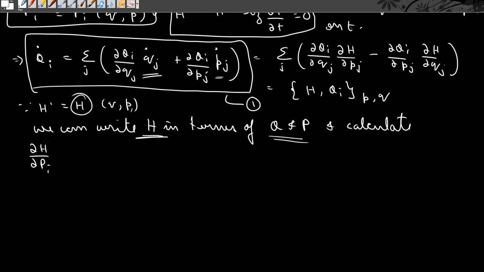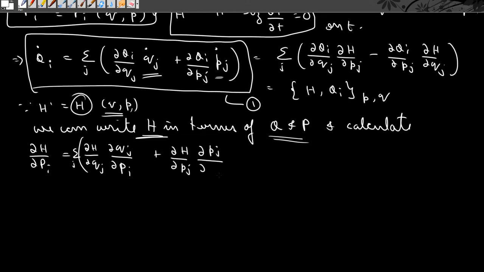This is when I write H in terms of the new coordinates Q and P. But this can in turn be written, since initially our H was a function of the old coordinates, as the summation over j of dou H by dou q_j times dou q_j by dou P_i plus dou H by dou p_j times dou p_j by dou P_i. This relation I'm going to call equation 2.